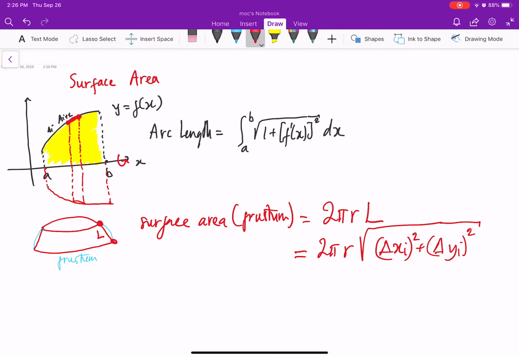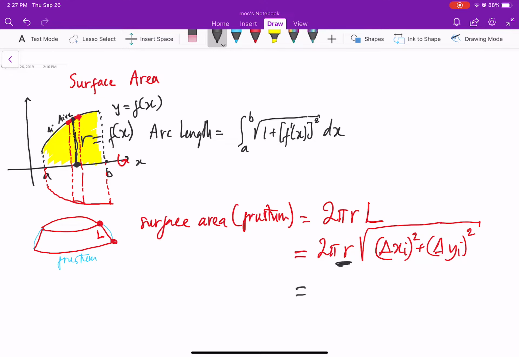And what is r in this situation? The radius. I can choose the midpoint here, for some x, and the radius is just the function value. So r in this situation is f of x.